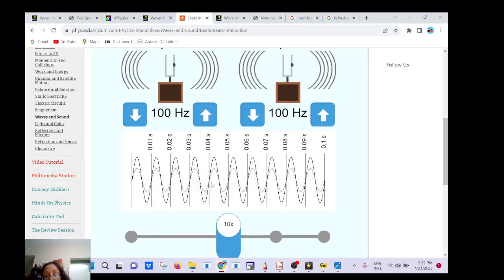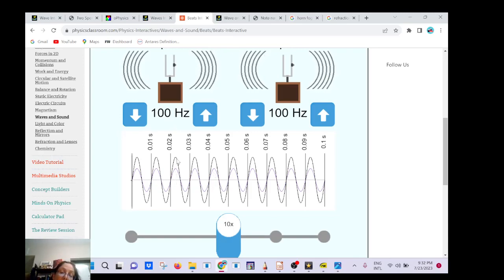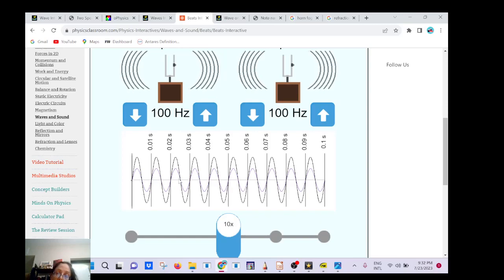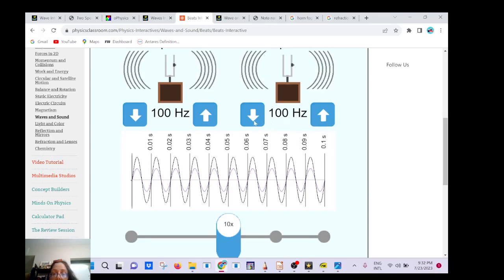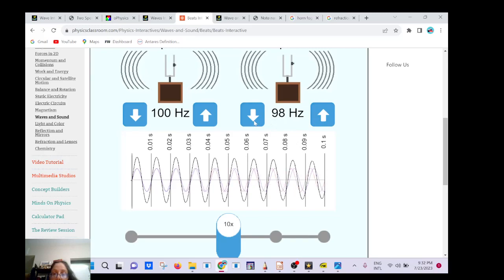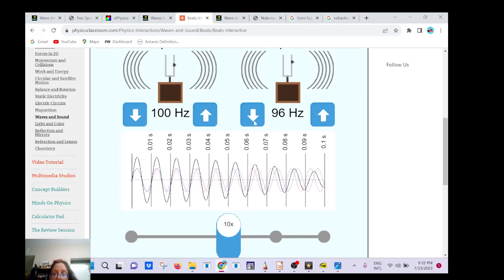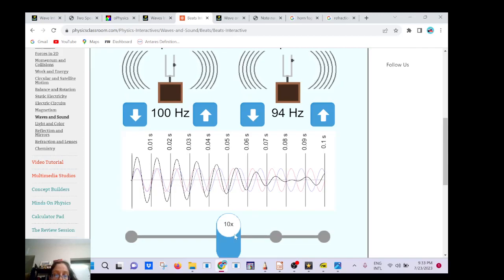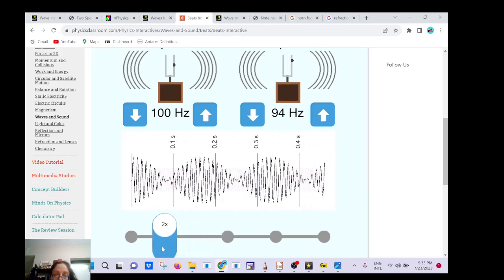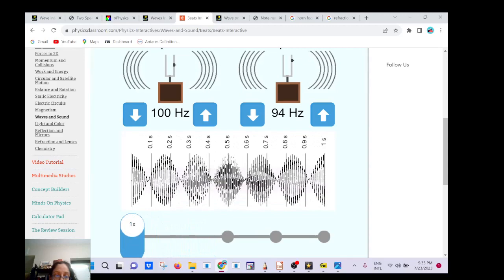So the sum will have the same frequency, 100 Hertz, except the amplitude will be twice as large. But now what's going to happen if I make this one a tiny bit smaller, right? So maybe it's going to be 96 Hertz or 94 Hertz.